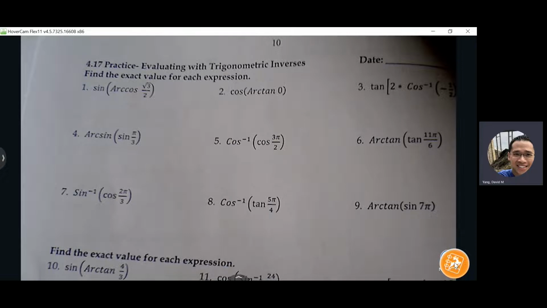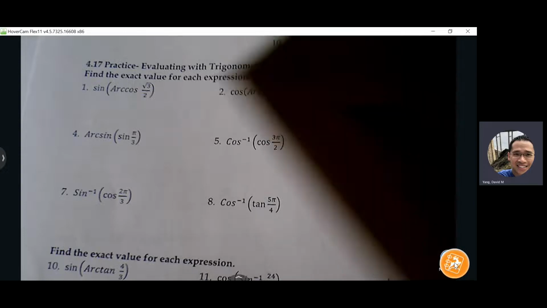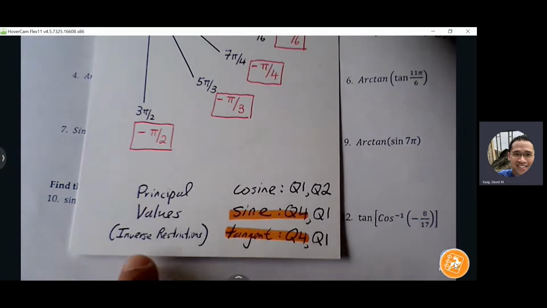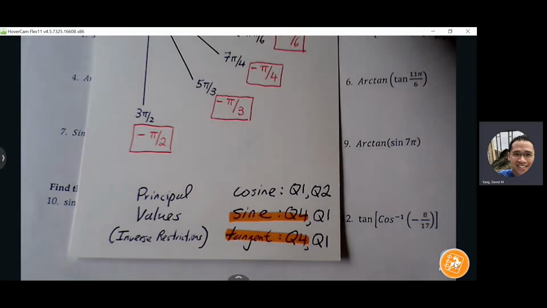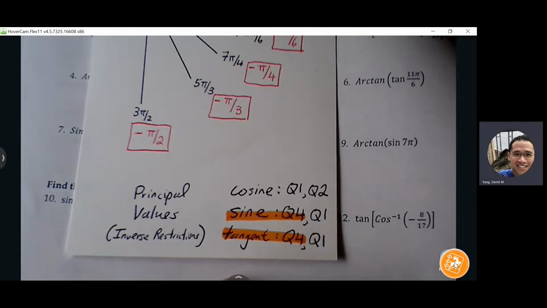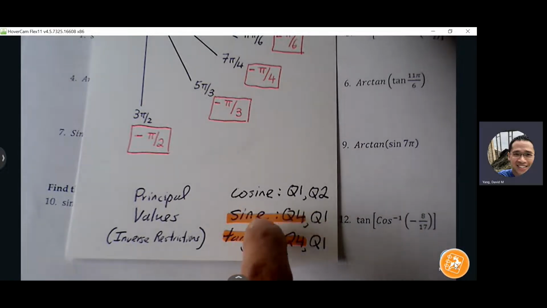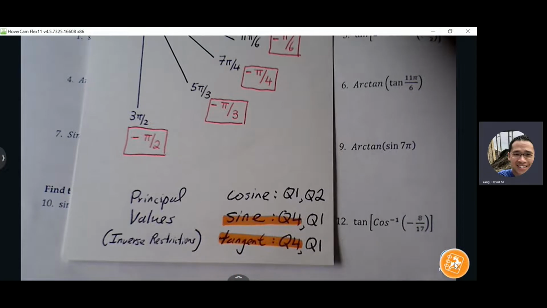Okay, we're just expanding on what we did on the Friday before break. We talked about principal values and we talked about how we have some restrictions based off of inverses. So when we're talking about inverse functions, we have to be aware that sine and tangent is restricted to the fourth quadrant if we're dealing with negative values.